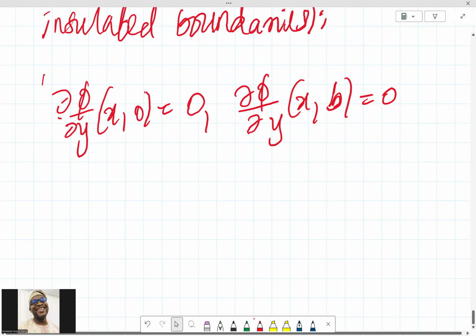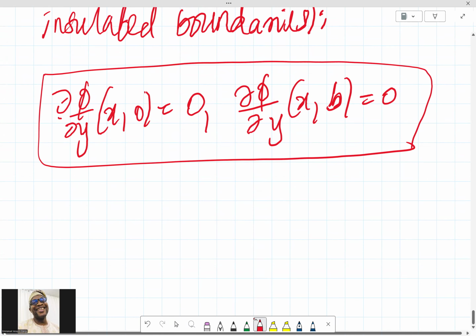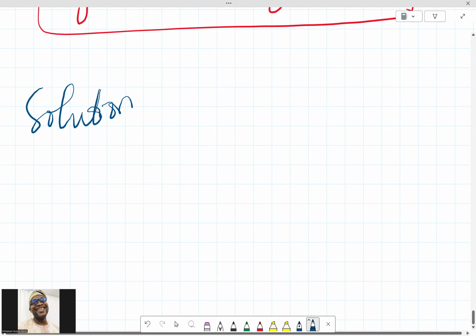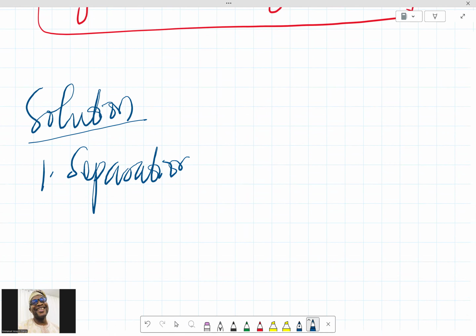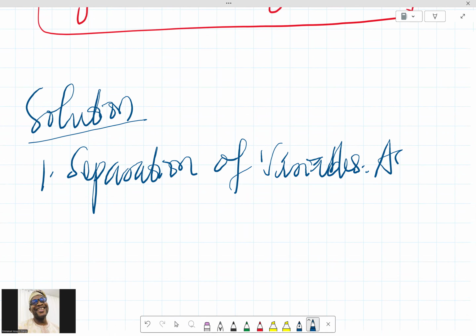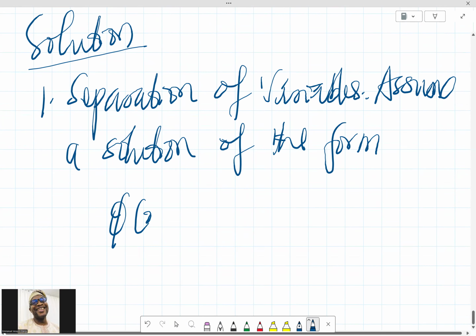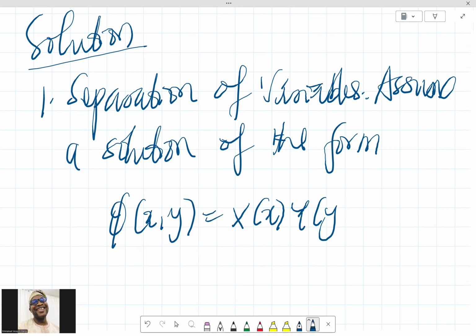So if we have this kind of situation, then we can talk about the solution, right? So for the solution, again, we have separation of variables, where we assume a solution of the form phi of x comma y equals X of x, Y of y.